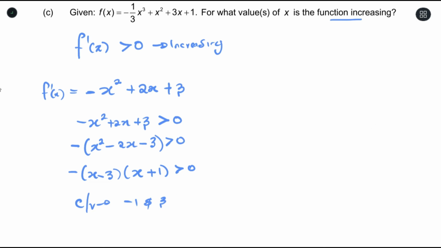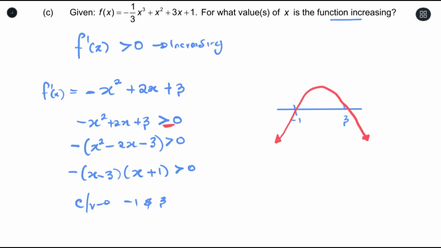I'm going to draw a little straight line here, and on this number line I'm going to put negative 1, and I'm going to put 3. Since this is a negative quadratic equation, if I draw just a sketch, our parabola looks like that. This parabola has to be greater than 0.